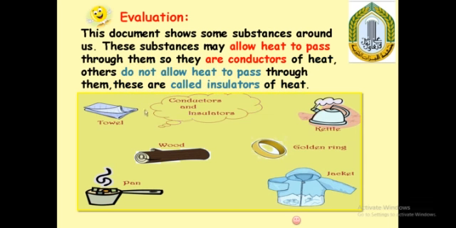Let us read together what we have in the document. A towel, wood, pan, golden ring, kettle, and jacket. And these are the objects that we have to classify as conductors or insulators. Let's see the question.